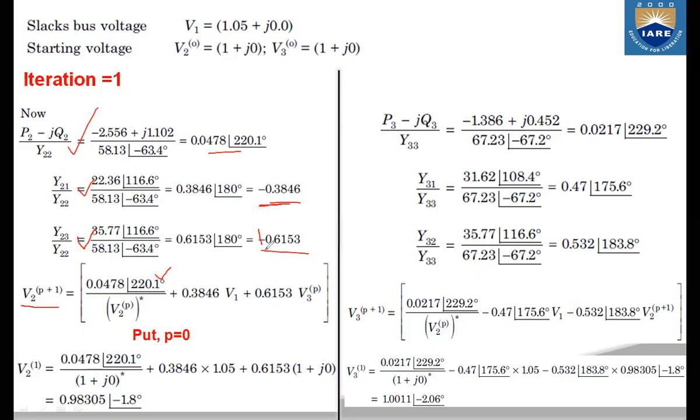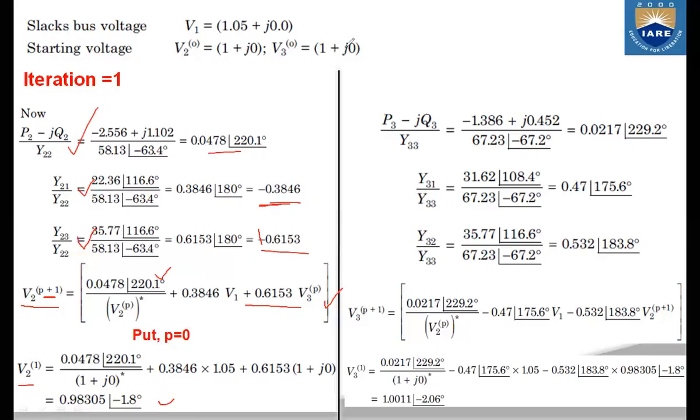Similarly, this is also minus, so here we get plus 0.6153 V3. This is the voltage at the second bus in the (p+1)th iteration. If you put p equal to 0, you get the first iteration value V2(1), which is equal to 0.98305.